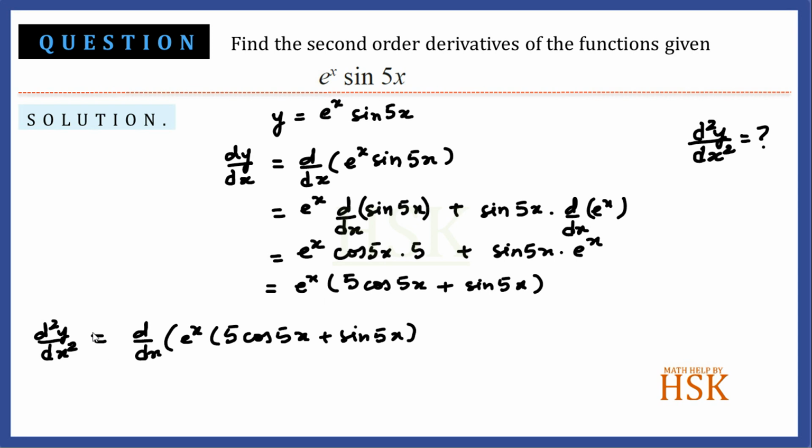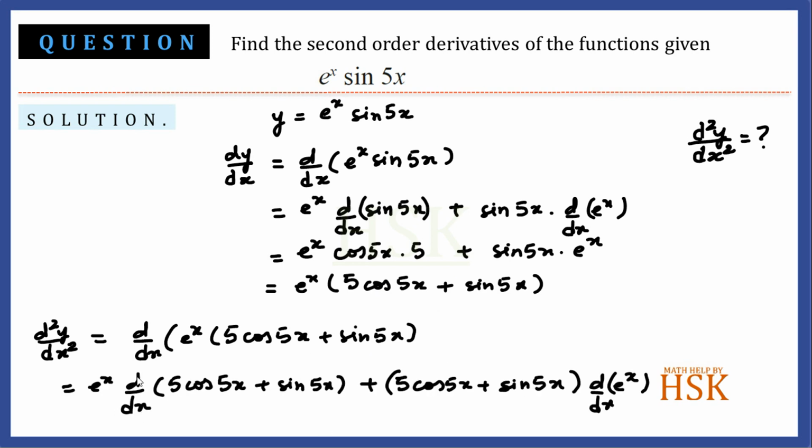Okay, now d2y upon dx square, that is the second order derivative of y, would be equal to d upon dx of this value, e to the power of x into 5 cos of 5x plus sine of 5x. Okay, so this would be equal to e to the power of x into d by dx of this term, that is first function into differentiation of second function, plus this is the second function into differentiation of first function.